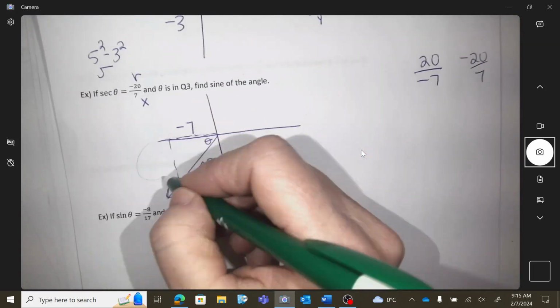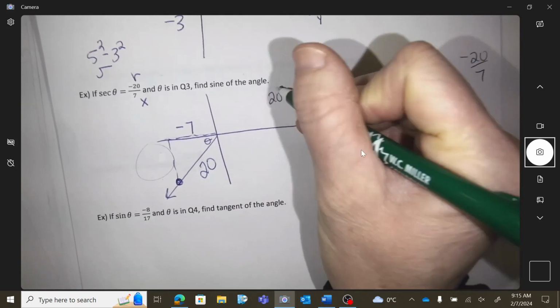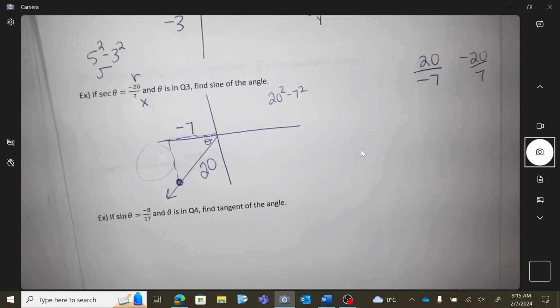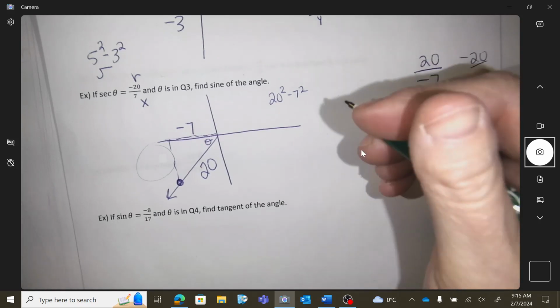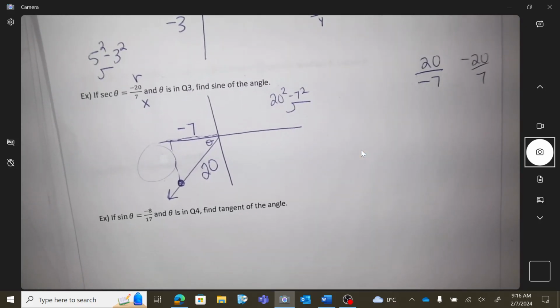All right, I need you to get me this. So you should be doing 20 squared subtract 7 squared in your calculator. Okay, the number that you're square rooting, does that work out nicely? I don't think so, right? It's a decimal.